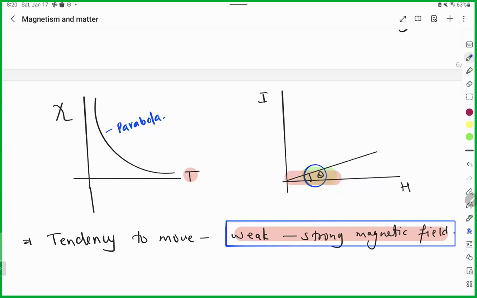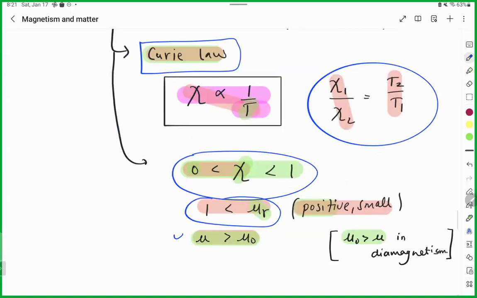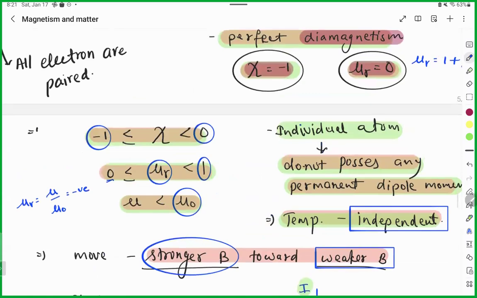Jordan, how was the situation in the diamagnetic material? It was the reverse, strong to weak.